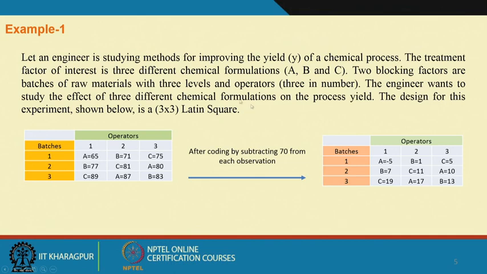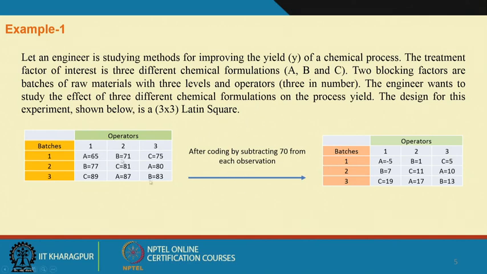Now, how to analyze the data and get the resultant information? What we are seeking is whether the 3 chemical formulations are differently affecting the process yield, or there is no difference in the chemical formulations in terms of producing yields.